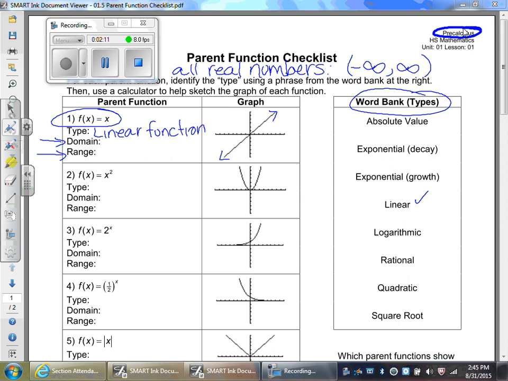All right, so let's do that. Negative infinity to positive infinity. For the range, that will be the output or your y values. In this case, we can see the graph keeps going and going, right? So there's no smallest specific number, and we also don't have a largest specific number. So it is all real numbers. So once again, we will use the interval from negative infinity to positive infinity.